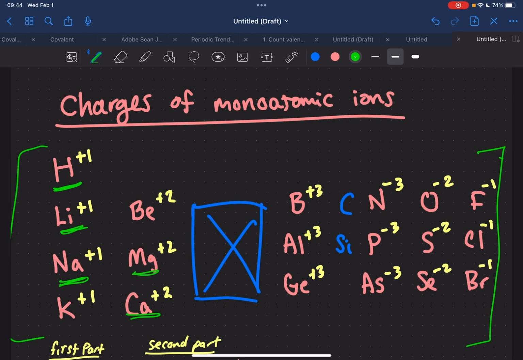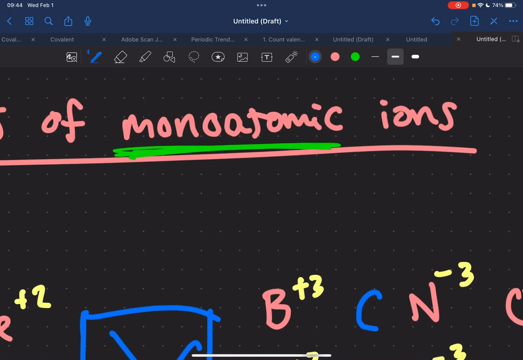But it's going to get more complicated from here, I guess, because we have talked about monoatomic ions, but not all ions are monoatomic. First of all, what do you think monoatomic means? Mono, we know that prefix now because it was in our covalent unit. We know that mono means one, and atomic means that there's one atom.